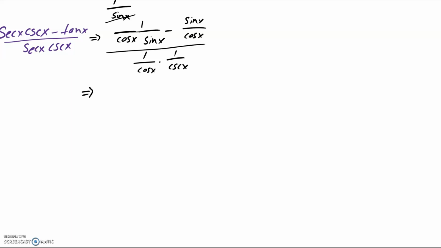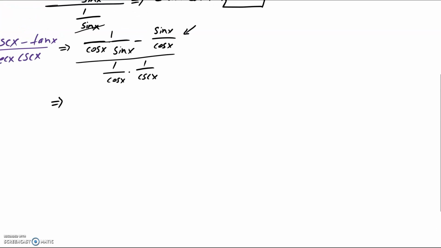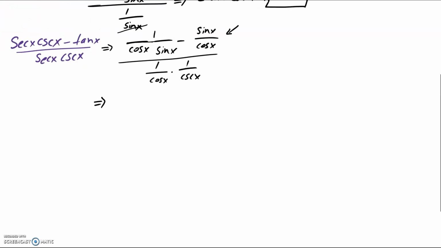And to make the same denominator, I will multiply this term with sin x in numerator and denominator, so we can have the same denominators. Now it's going to be 1 over cos x sin x minus sin x over cos x.